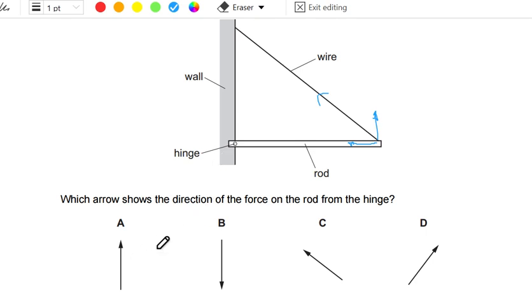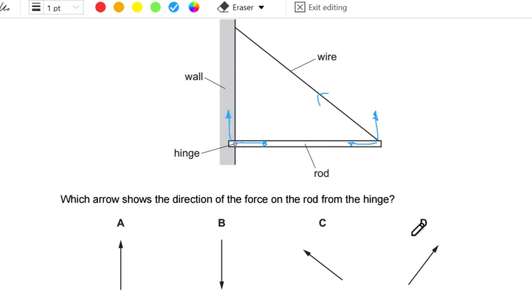Because if vertical up or down, there will not be a horizontal component that balances the horizontal component of the tension. We need here a horizontal component in opposite direction, okay? And we need a vertical component, okay?